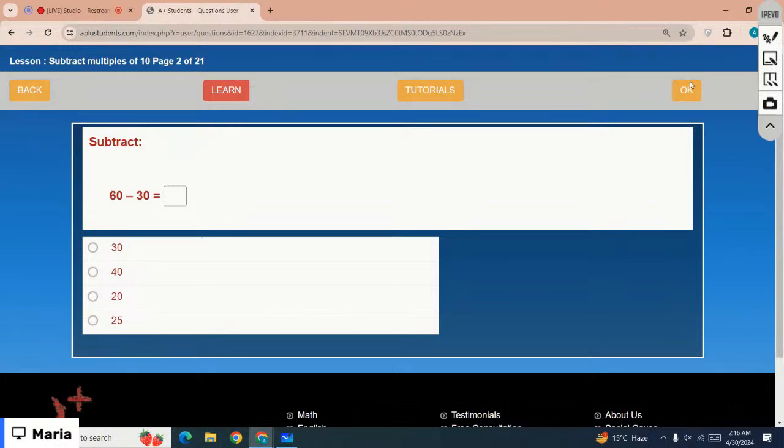Next, 60 minus 30 equals. 0 minus 0 is 0 and 6 minus 3 is 3, that is 30. 60 minus 30 equals 30. Option number 1 is the correct option.